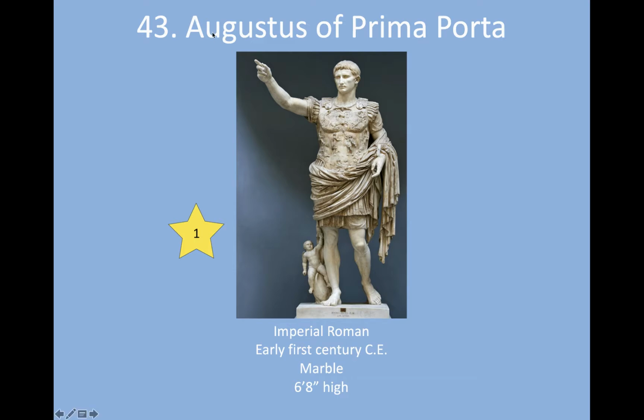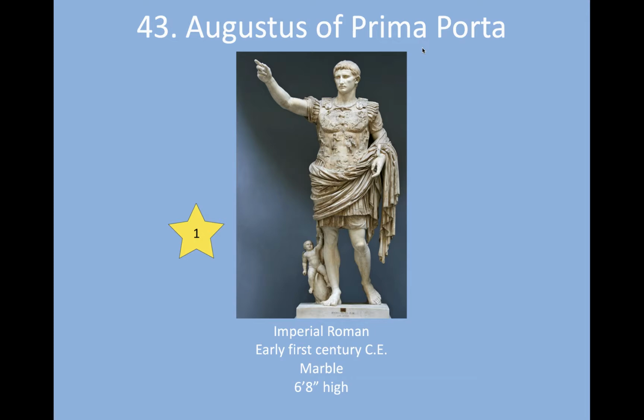This is Augustus, Caesar Augustus, and it's called Augustus of Prima Porta. Prima Porta was the name of his vacation home where this piece was found. So that's what Prima Porta is. Augustus of Prima Porta. This was in their vacation home, in their villa.